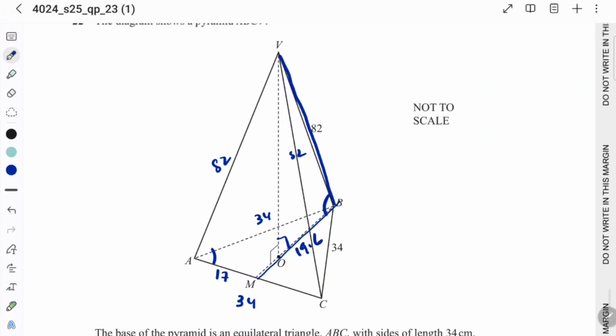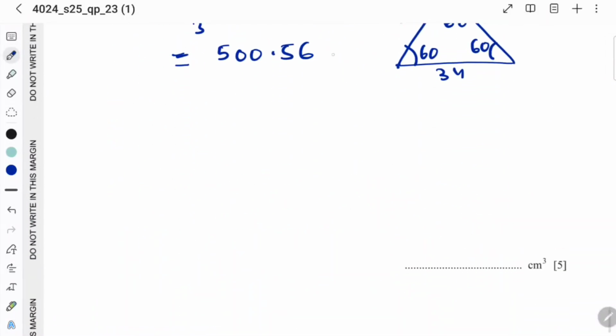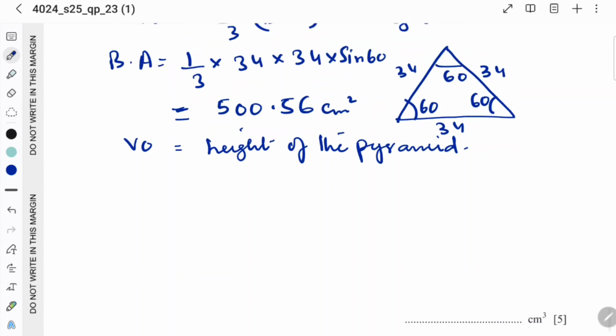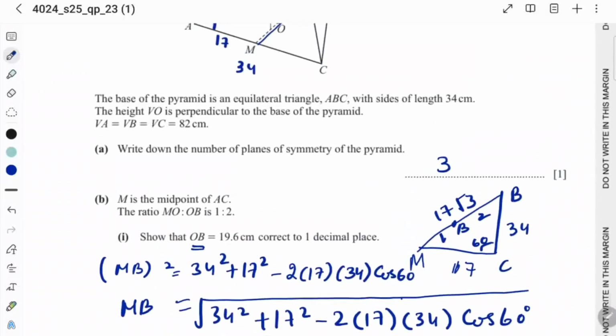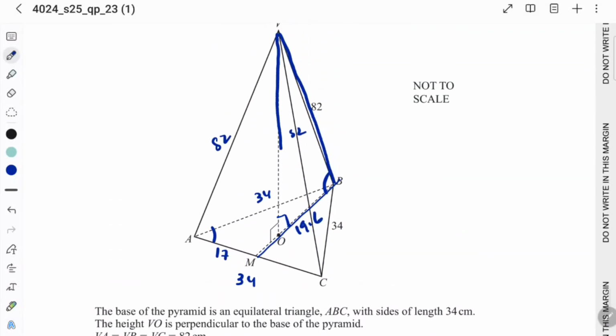And then comes the height. Height of the pyramid, this is VO. VO is the height of the pyramid. For finding out the height of the pyramid, VO, we can see this triangle, where it's 82 and 19.6, and this much is the height.